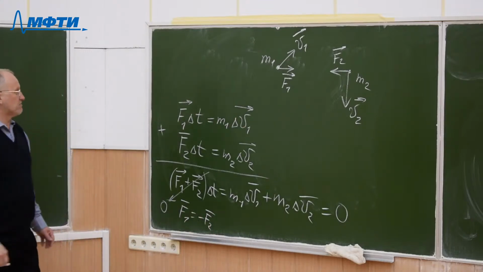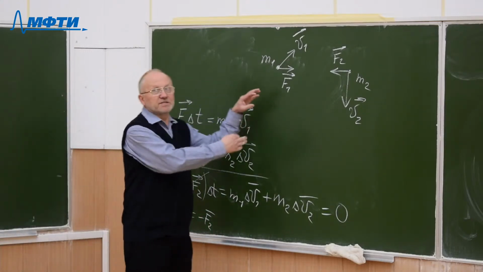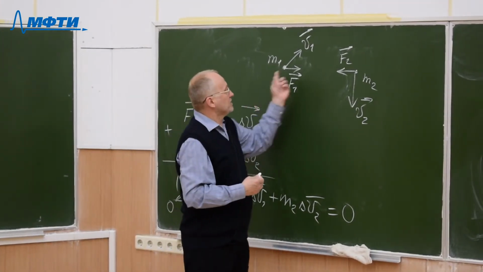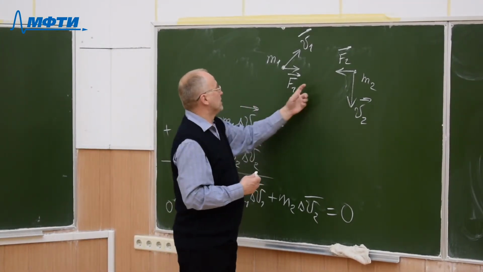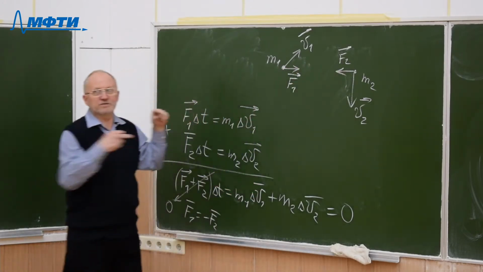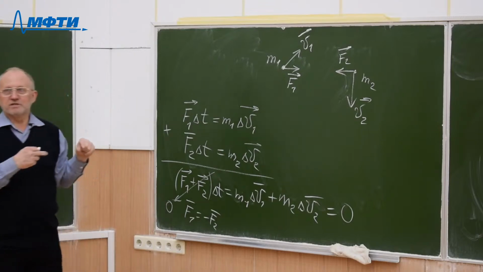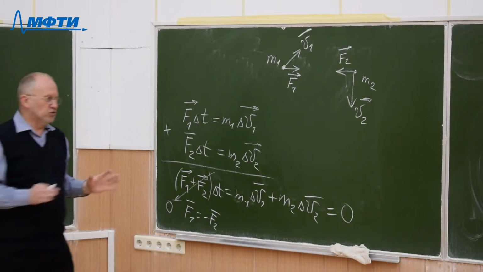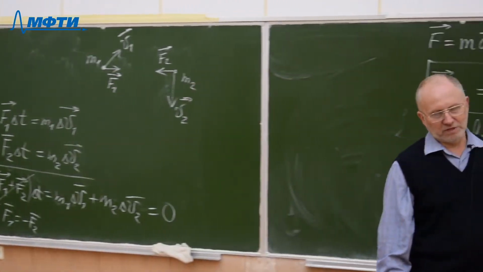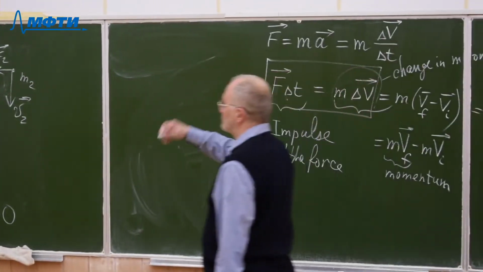Provided only the internal forces are present, only the forces of interaction between the two particles, and no other forces from other objects around them. We assume that there are only internal forces in the system of two particles.